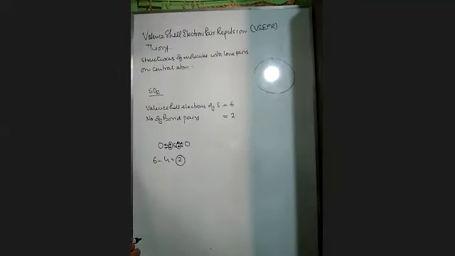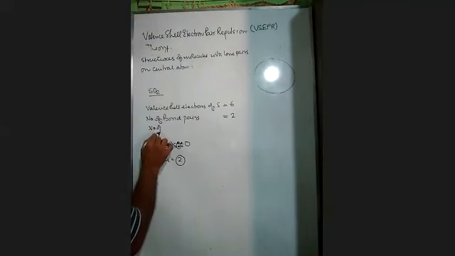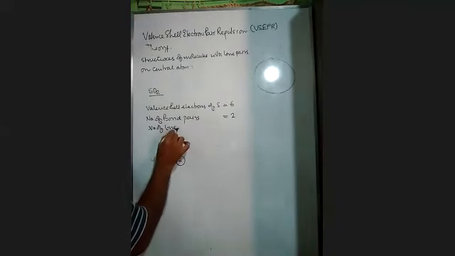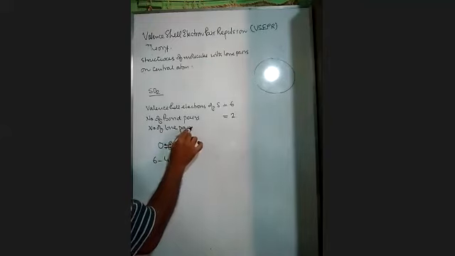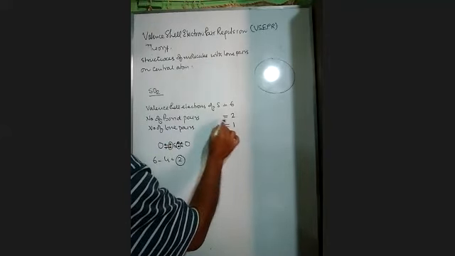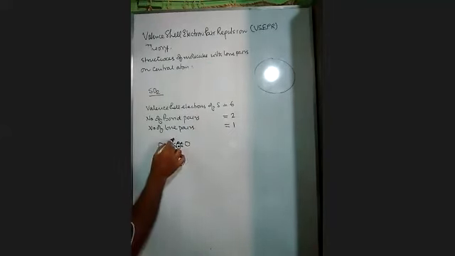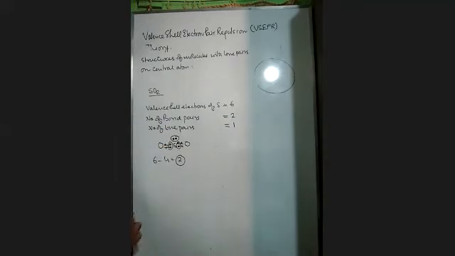So how many lone pairs? What is the meaning of pair? Pair means 2. So here will come the number of lone pairs. It is 1. See here. So this is the electron pair which did not take part in bonding.